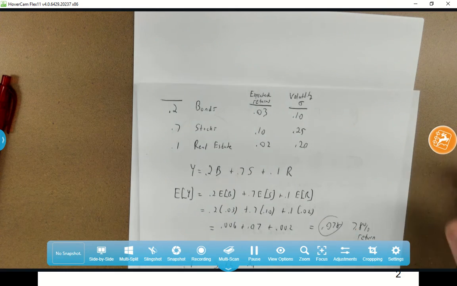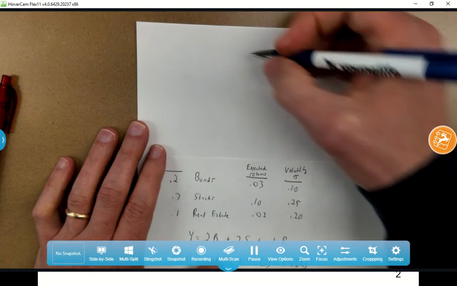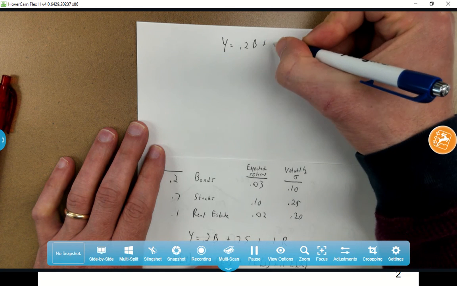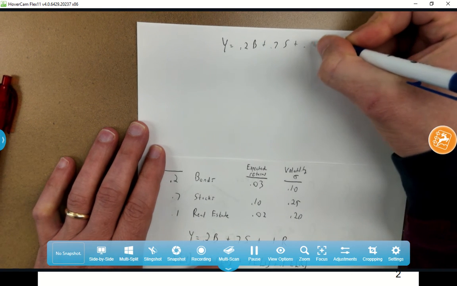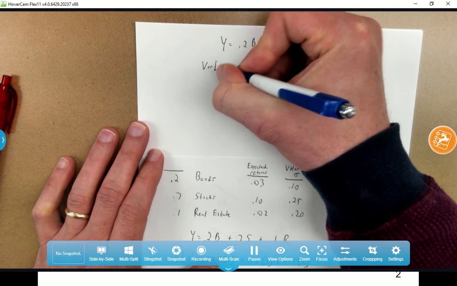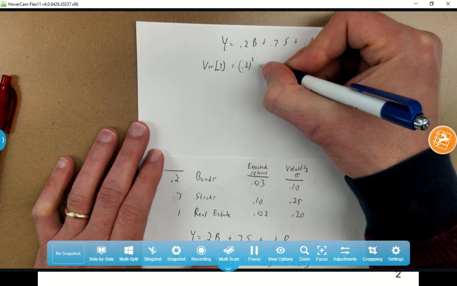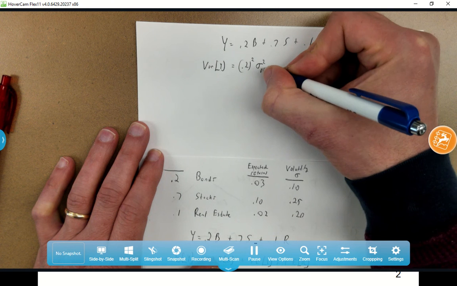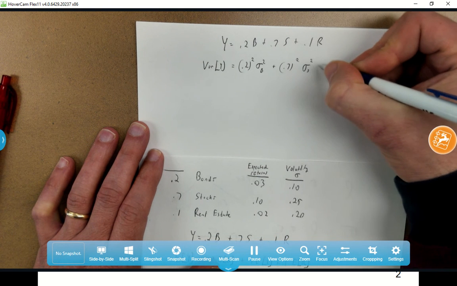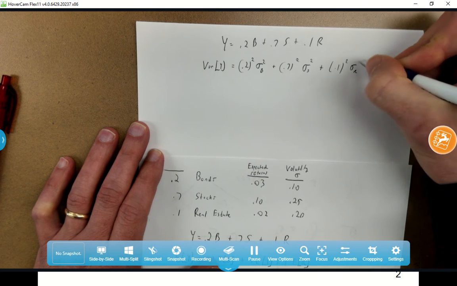All right. And so if we go ahead and calculate the variance of our y, because remember our y has 20% in bonds, 70% in stocks, and 10% in real estate, then the variance of y will be 0.2 squared times the variance of bonds plus 0.7 squared times the variance of stocks plus 0.1 squared times the variance of real estate.